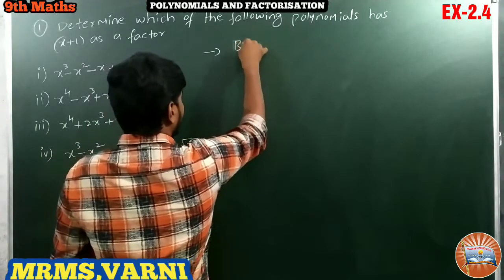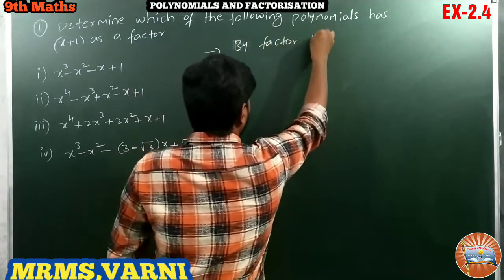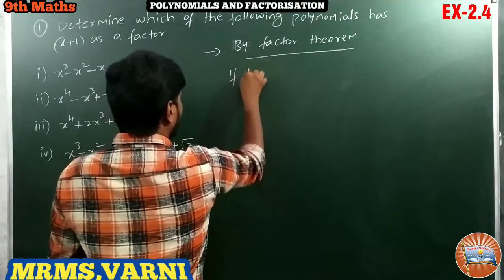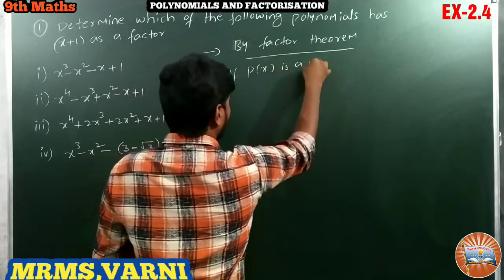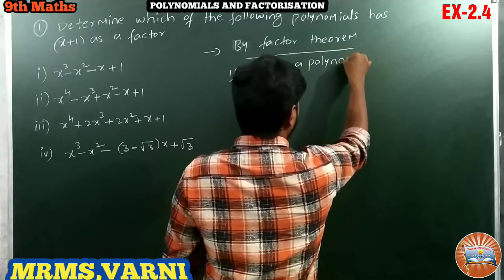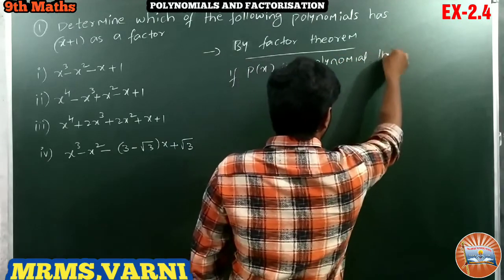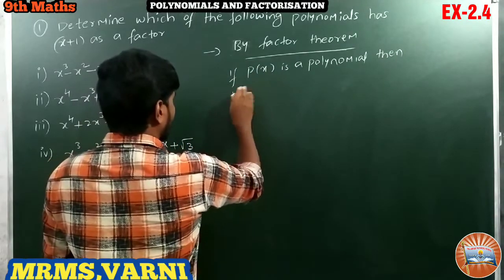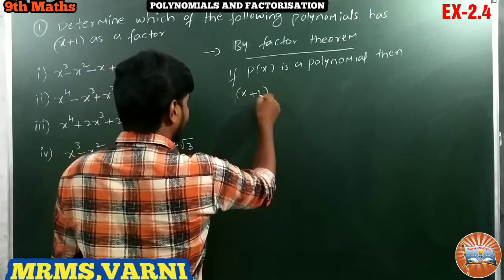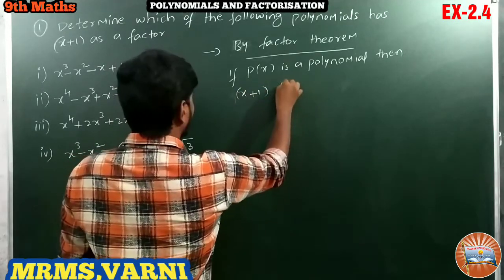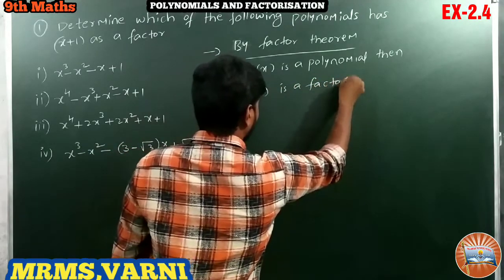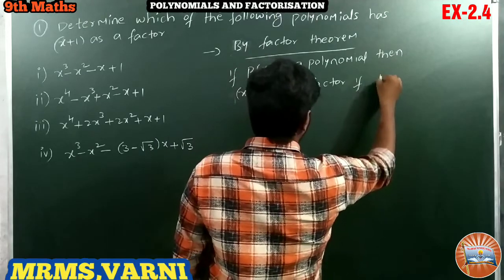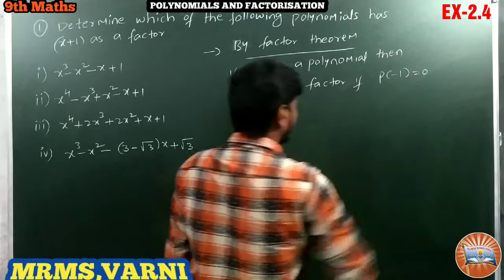By the factor theorem, if p of x is a polynomial, then x plus 1 is a factor if p of minus 1 equals 0.